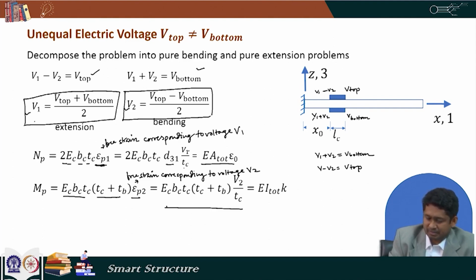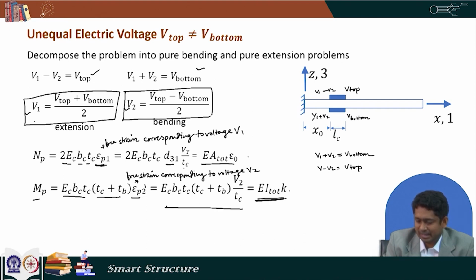So, corresponding to this epsilon p2 we find out the moment here. So, we have to have this elastic modulus, and that should be equal to E I total multiplied by kappa, and if you solve this equation, E I total kappa is equal to MP, we can find out kappa. So, if we separately find out epsilon 0 and kappa, and then we can superimpose the results, and that would give us the actual solution.